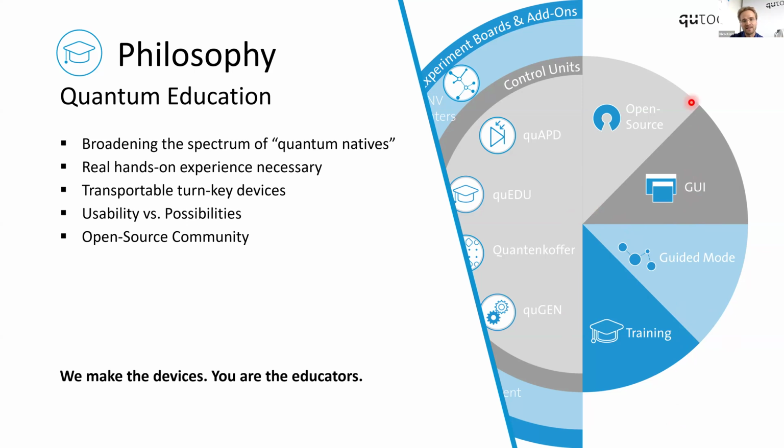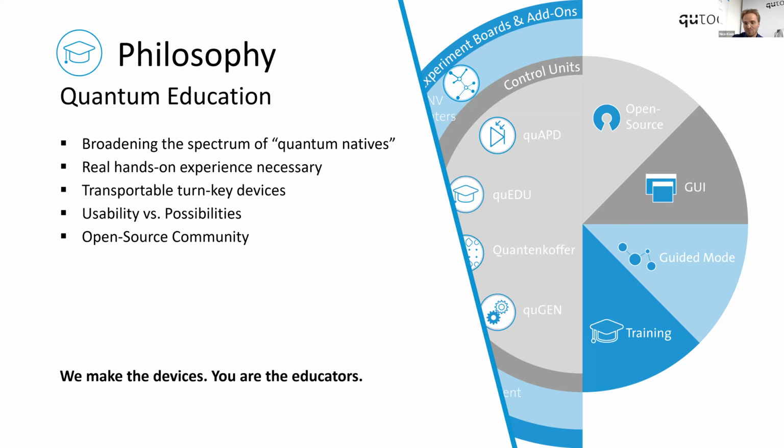And then there's another thing that we added lately, which is a kind of open source slice in here, which means we provide a versatile API with a Python interface, complete with open source examples. And this way, all of you, all of the community, we want to tap into your experience to take advantage of this and let you also realize your own vision of how to teach quantum with our devices.